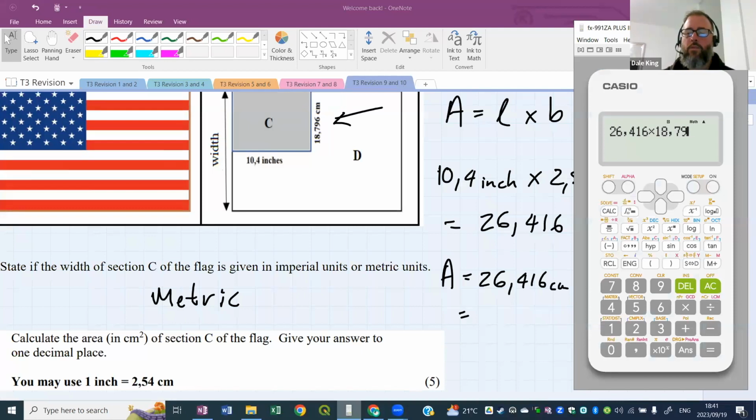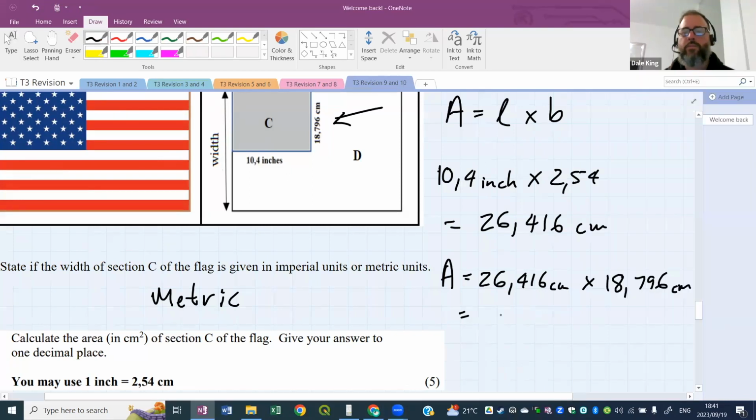Are you happy with that answer? Yes. And then you have to round it off. Centimeters squared, because area is always squared units.